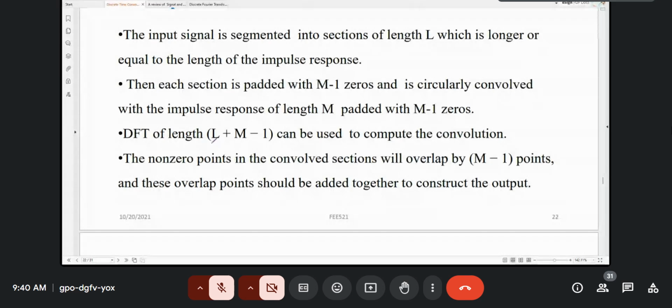So N will be L plus M minus 1, to use the N-point DFT. The non-zero points in the convolution will overlap by M minus 1 points, and these overlap points should be added together to construct the output.